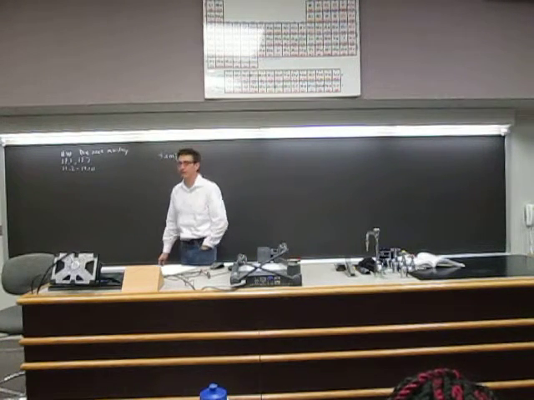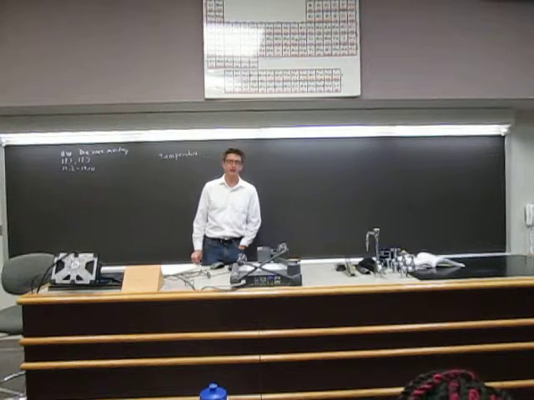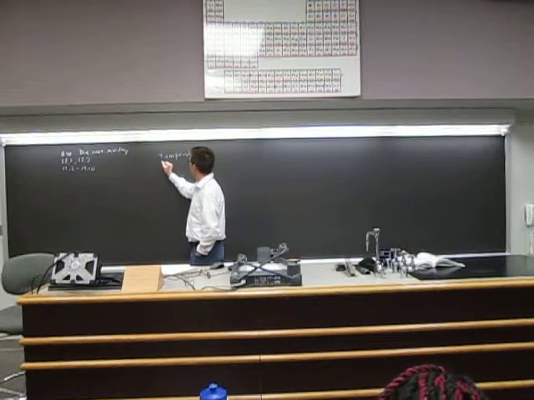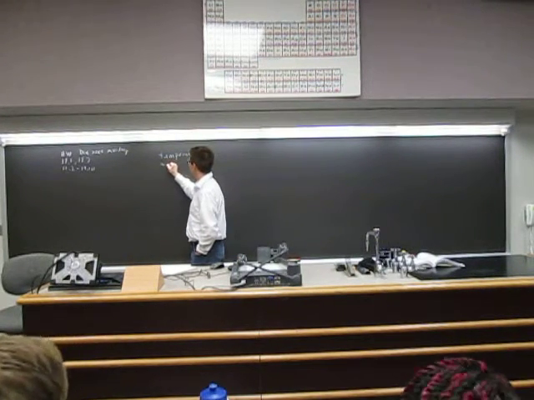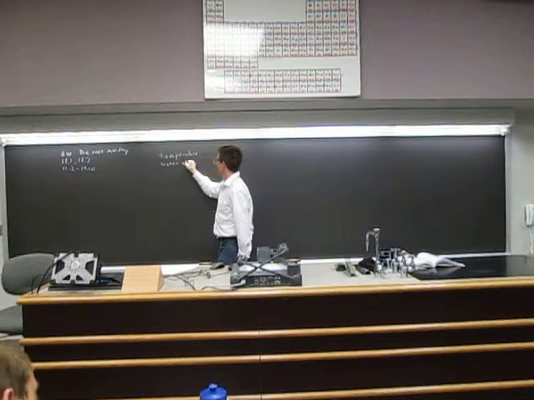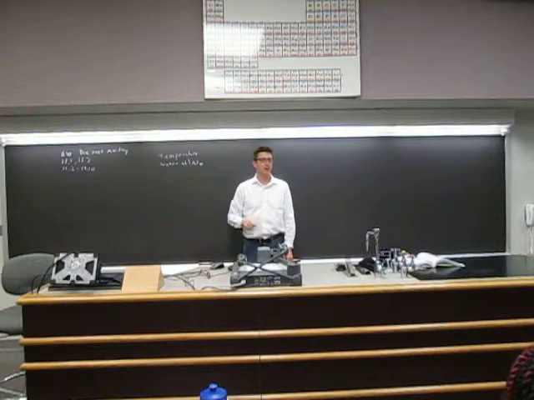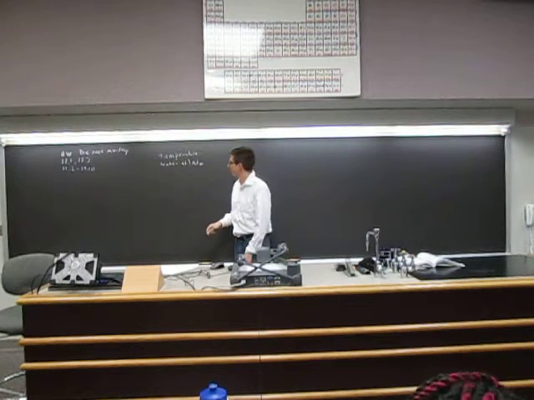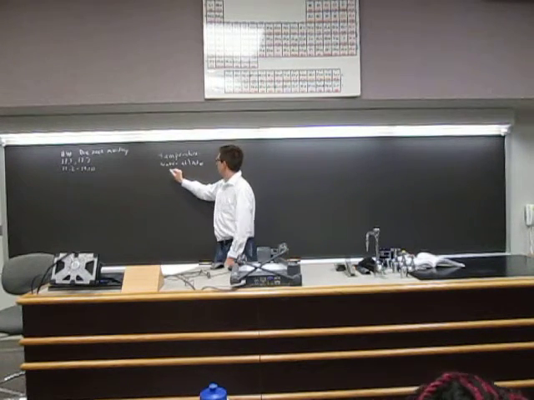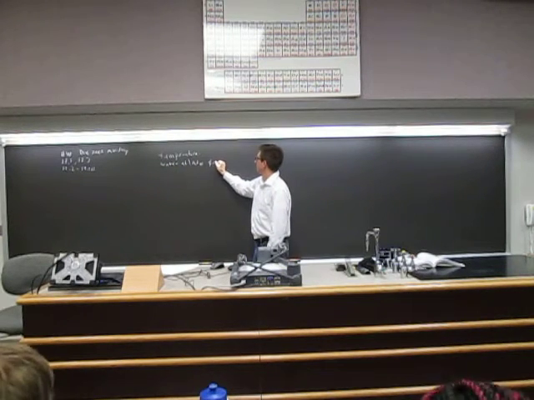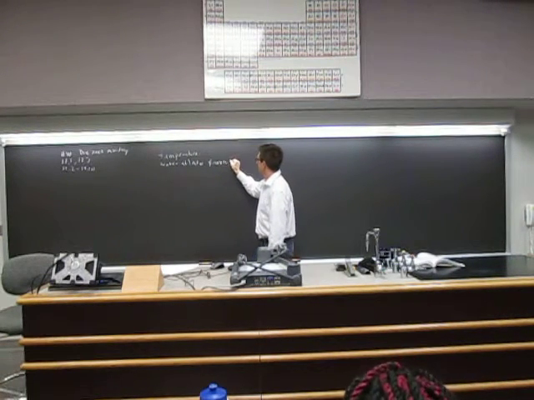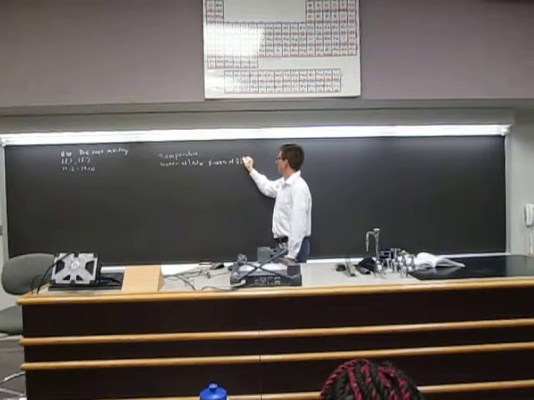So the definition: Fahrenheit is defined to be that temperature at which water at atmospheric pressure, I'm just going to write 1 ATM, that means atmospheric pressure, freezes at 32 degrees Fahrenheit.